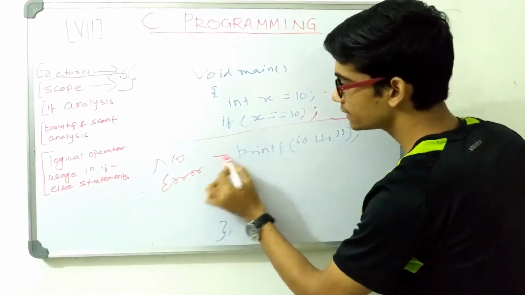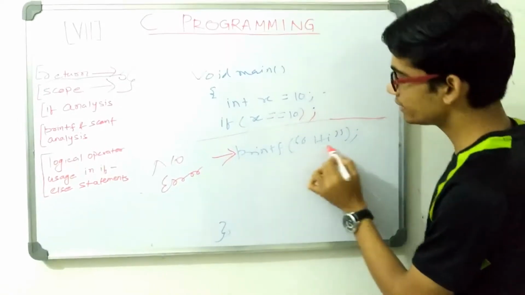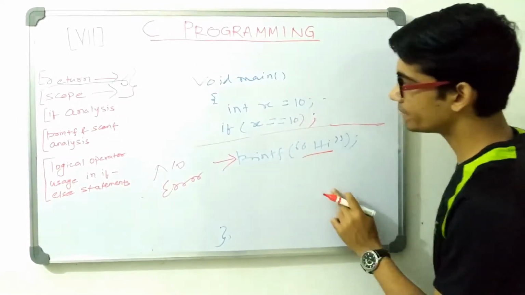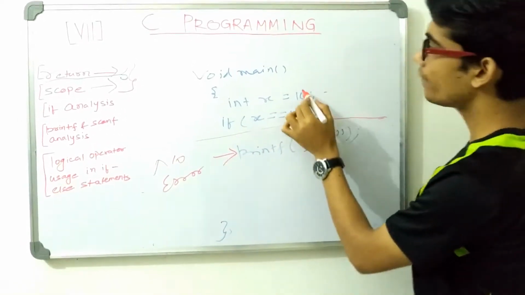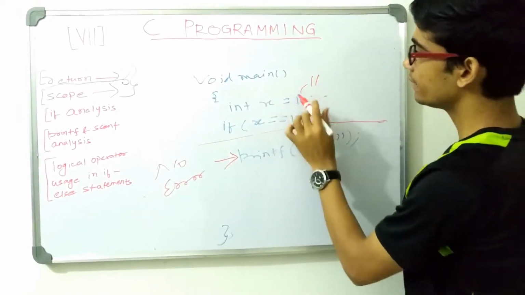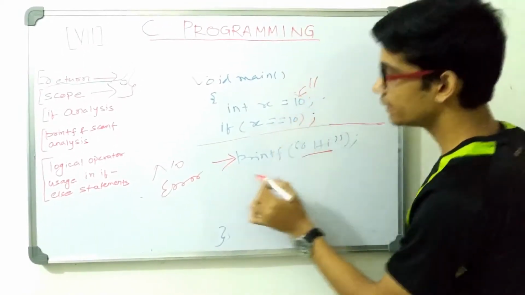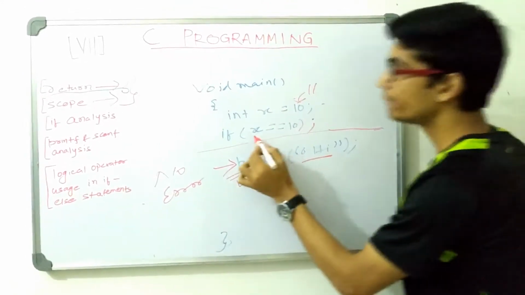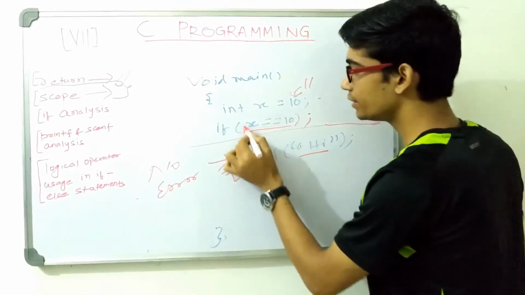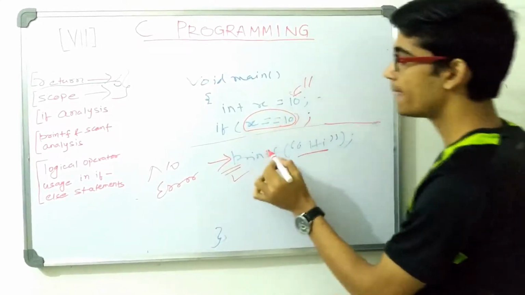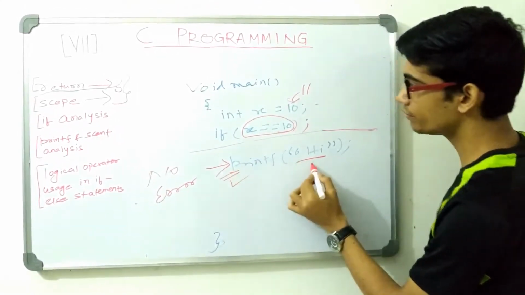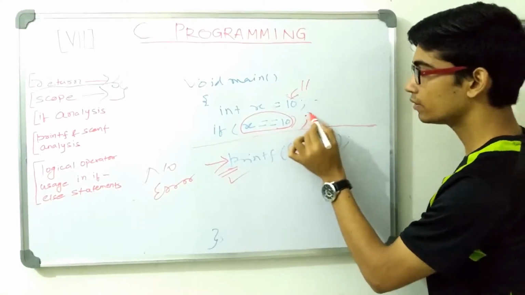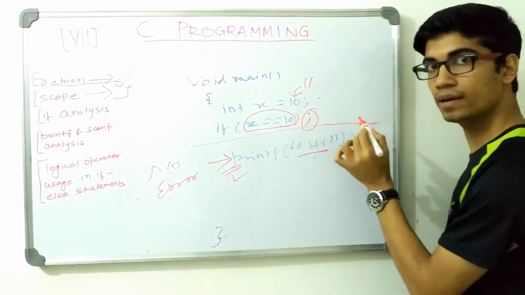Then what will happen? The execution will begin from here. What is the printf statement? High will be printed. Even if the value of x becomes 11, then also this will be printed. Keep in mind, whatever the value be, even if the condition here becomes false, this statement will be executed, because we closed the scope of if, isn't it?